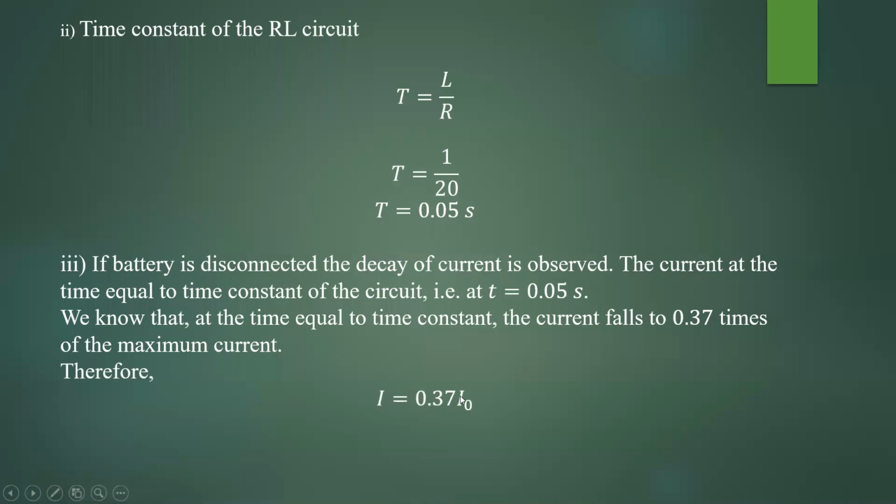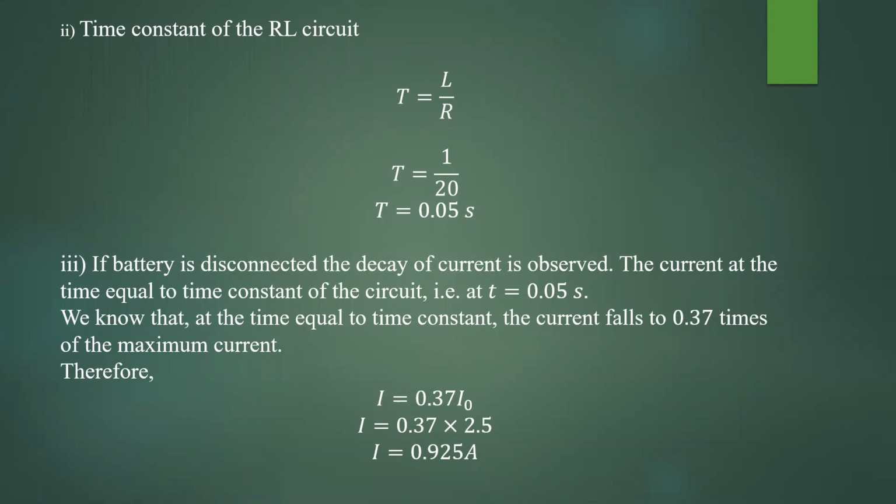What is the value of I naught? We know that I naught is 2.5 ampere. So can you calculate the current at t is equal to 0.05 second? What will be the value? Yes, definitely the current through the circuit will be 0.925 ampere.